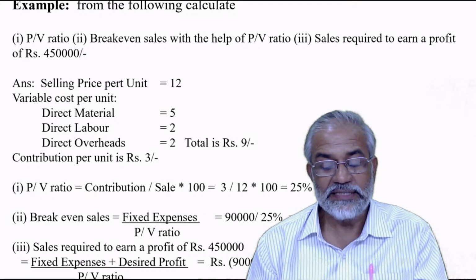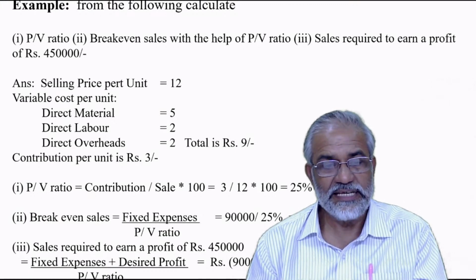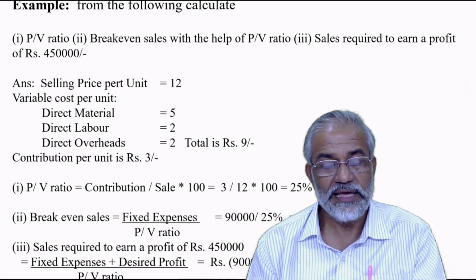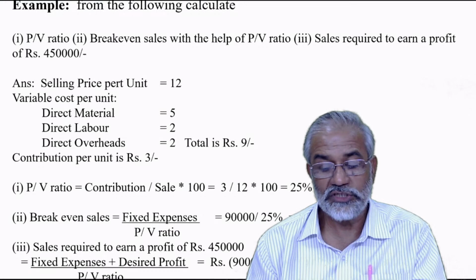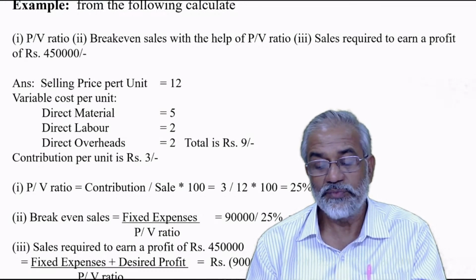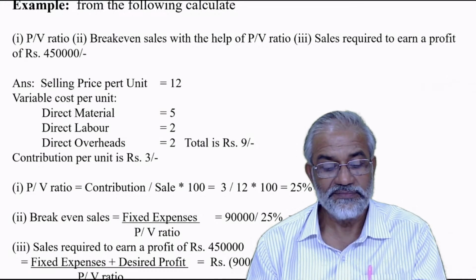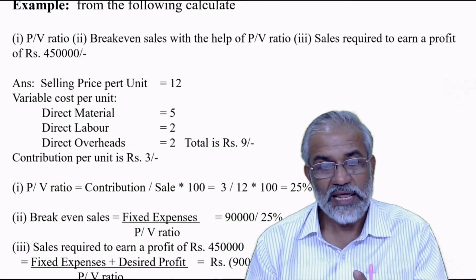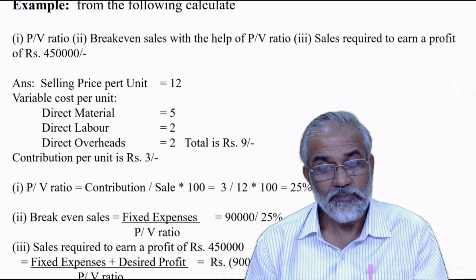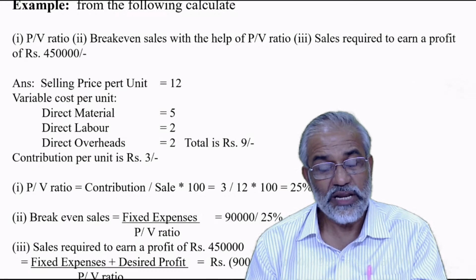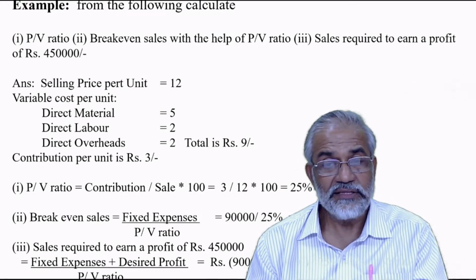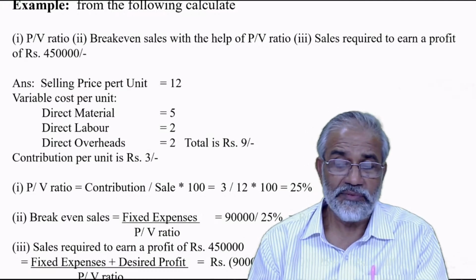So when 1,80,000 is multiplied with 12, that gives the exact revenue of 21,60,000, which is similar to the total cost of 17 lakhs 10,000 plus the desired amount of profit of rupees 4 lakhs 50,000. So thereby the total revenue is equal to the total cost plus the desired amount of profit of rupees 4 lakhs 50,000. So accordingly we can cater to the need of earning a desired amount of profit in our hand.